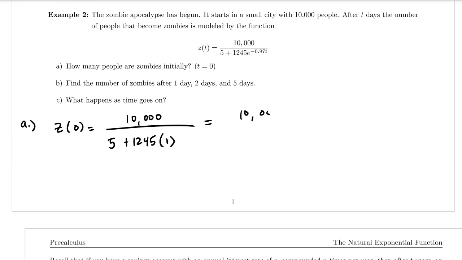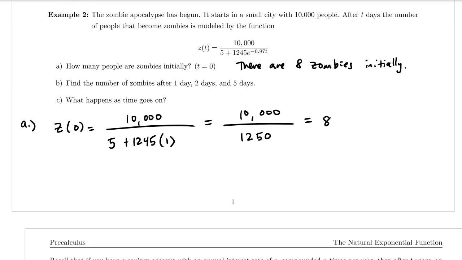That's going to become 10,000 over 1245 times 1, which is just itself. If I add that with 5, that should give me 1250. And that simplifies to 8. So there are 8 zombies initially.